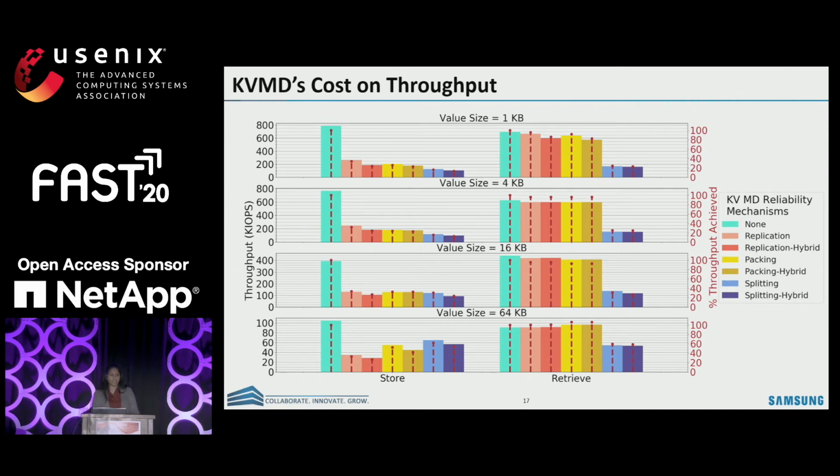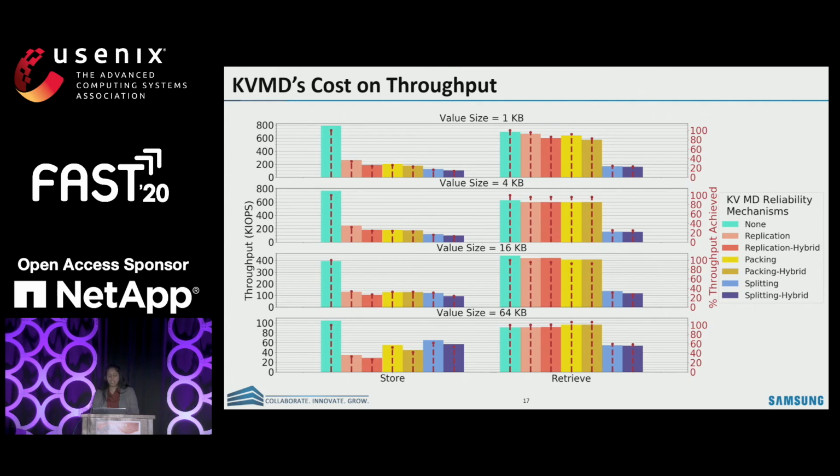Because of those additional reads, there's a slight throughput degradation from the standalone mechanism without using the hybrid mechanism. But if you look at the actual raw performance, you'll see that replication is as expected: because it's storing 3 copies here, it's roughly 1/3 of the throughput. With packing, even though we store additional metadata objects, it makes a little more difference in the smaller value size ranges because there's more I/O happening there.